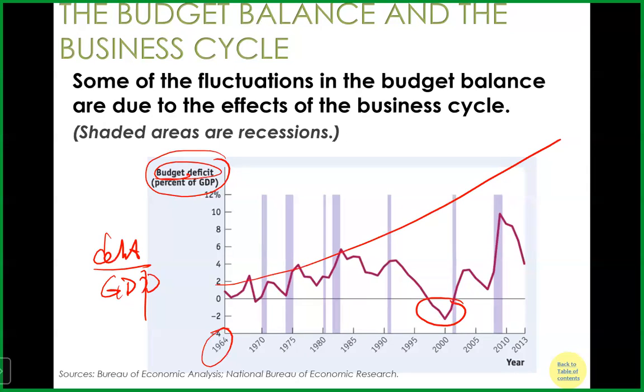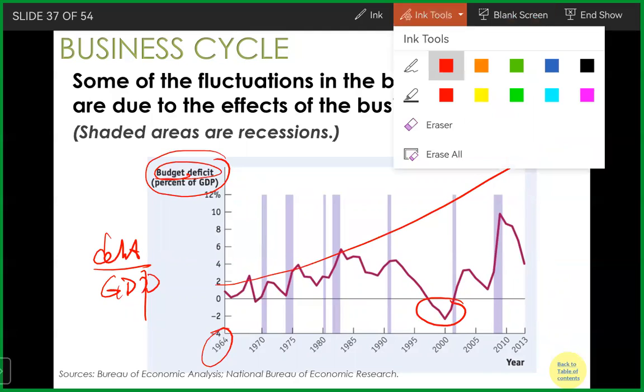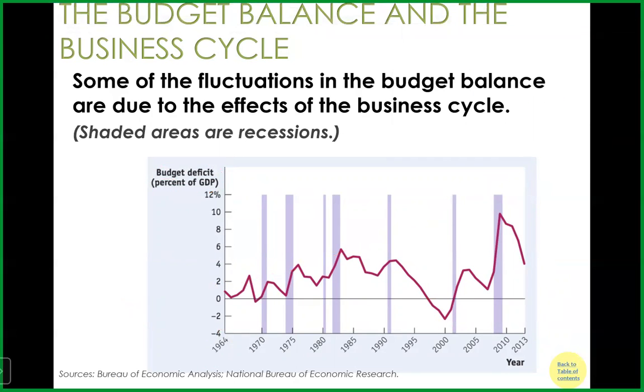The other thing I want to bring to your attention is the deficit, and particularly how this deficit interacts with recession or the business cycle. Clearly you can see that whenever there's a recession, and by the way, those are recessions, okay? Whenever there is a recession, the deficit increases, right? This happens throughout history.